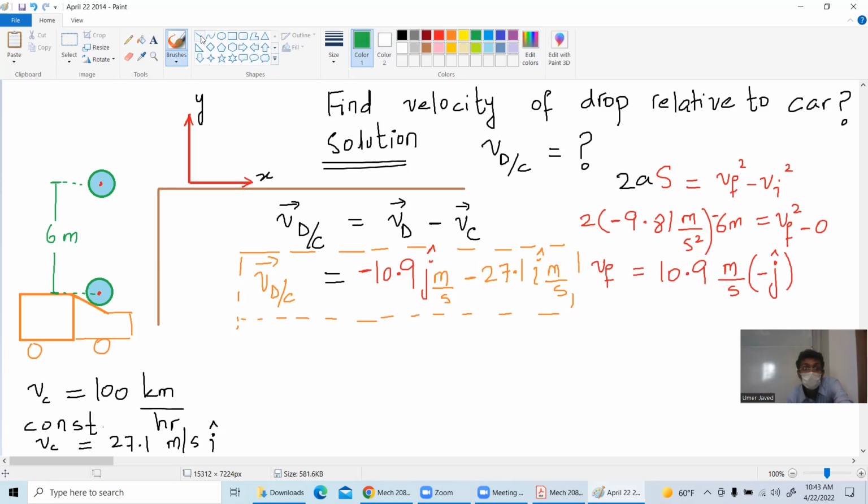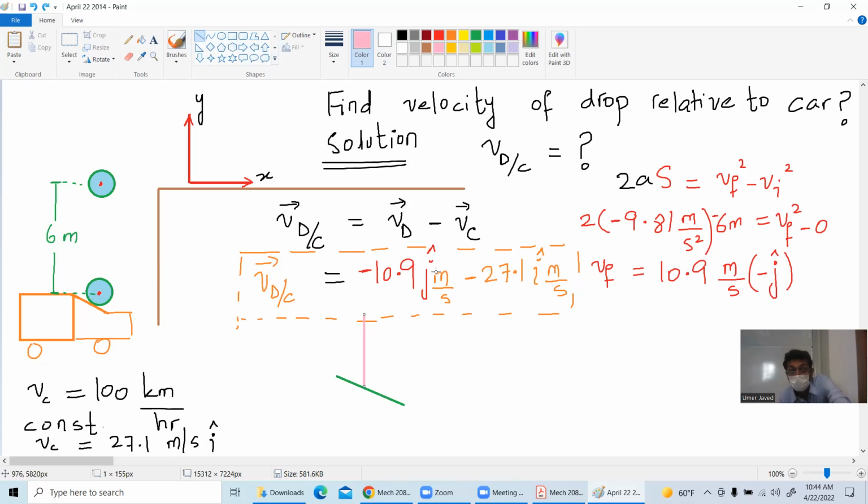Because if you see the windscreen, the person who is sitting inside his car like this will actually see the ball approaching like this. How many students agree? Let me use a nice, beautiful pink color. The VD, velocity of drop, is minus 27.1, some huge vector like this, big, right?